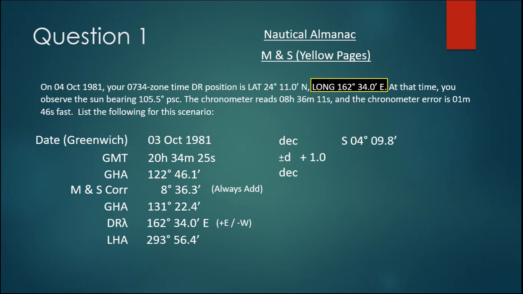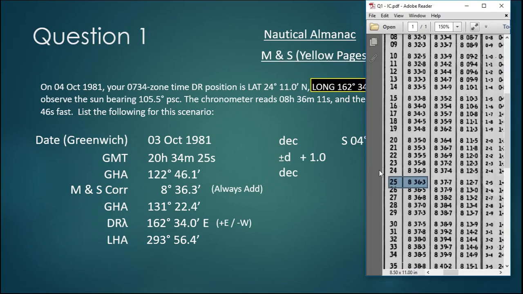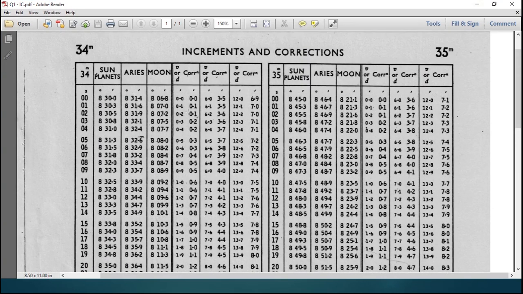Now there's one more thing that we have to do to little d, and it's over here on the minutes and seconds page where we were at before, and we are using the 34-minute table here. If you look right here in this column, V or D correction, we have 1.0 that we got from the daily pages right here, and we look right next to it, this 0.6, that's little d.